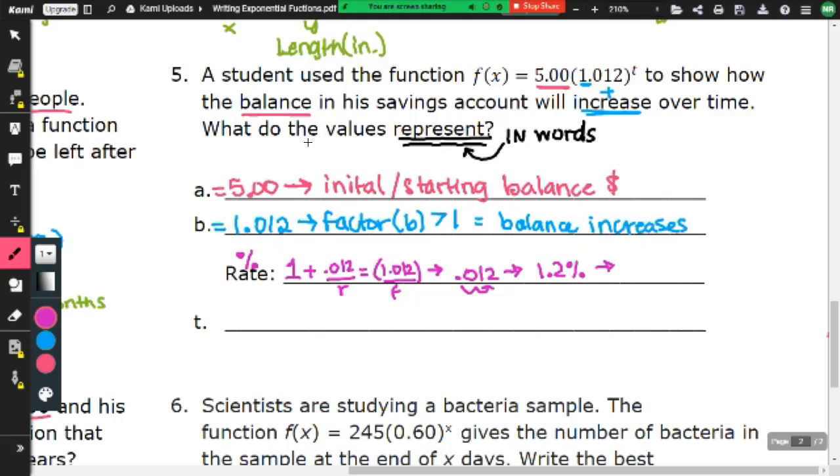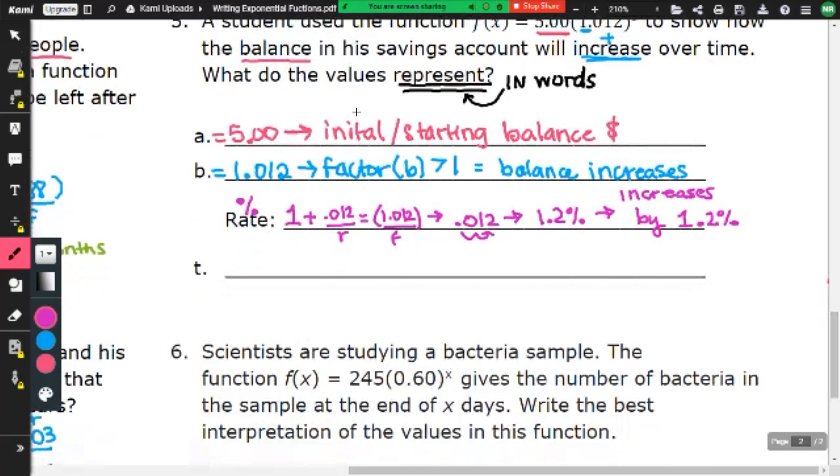So in the word problem, you could see the words increases by 1.2%. With the factor, it'll just tell you in general, the balance is increasing. With the rate, it'll actually give you a percentage. It'll say increases by this amount, okay?